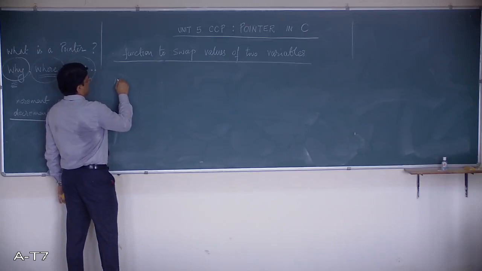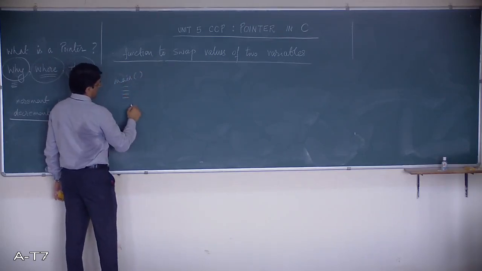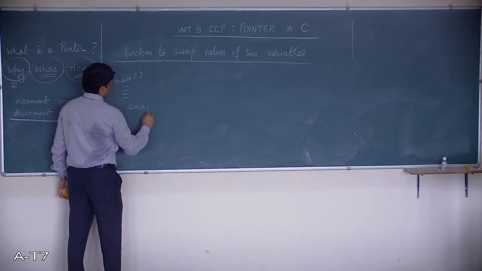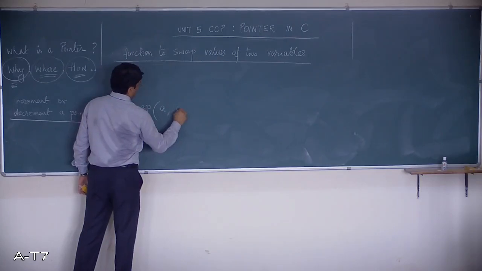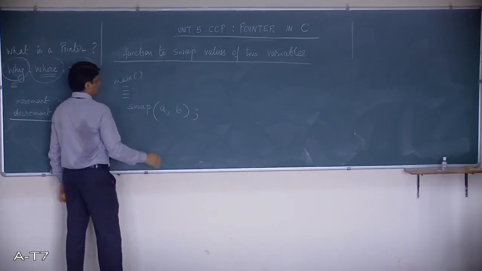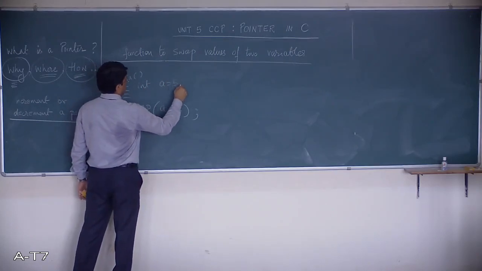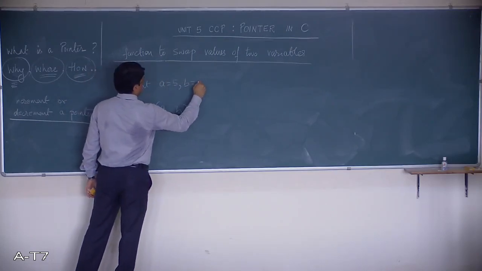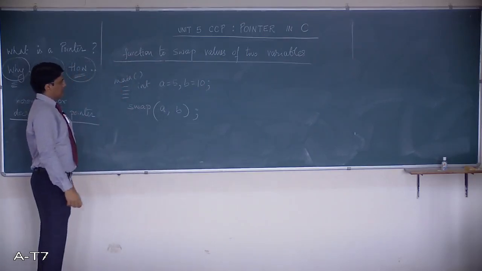Function to swap values of two variables. Somewhere in my main function, I call a function called swap, a comma b. A and b are two variables. Say a is 5 and b is 10.